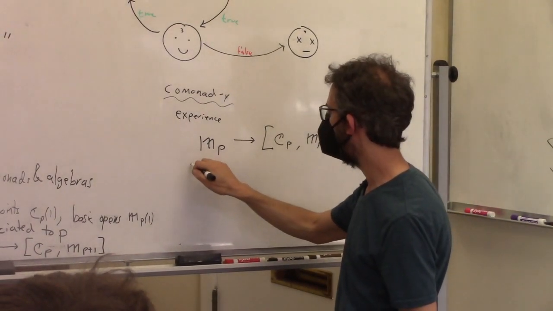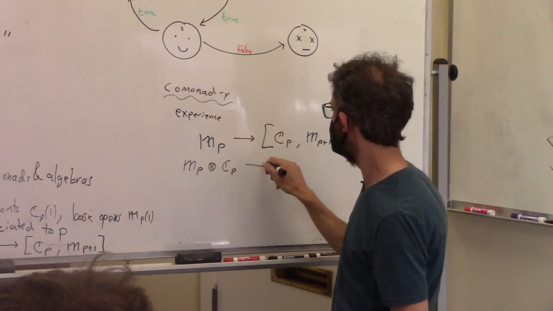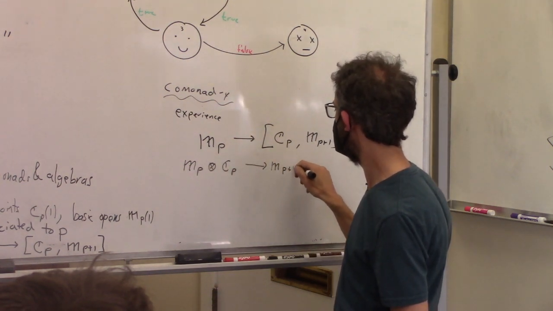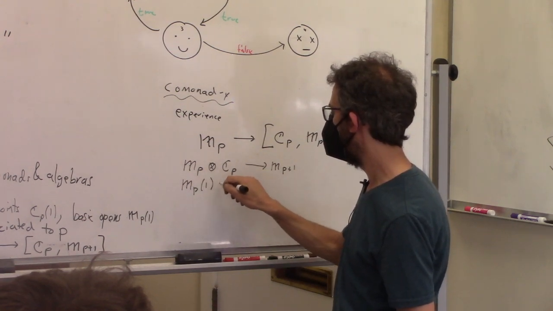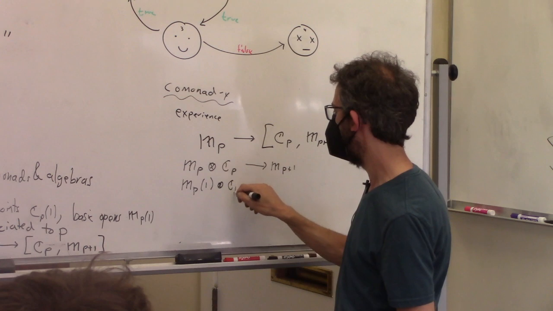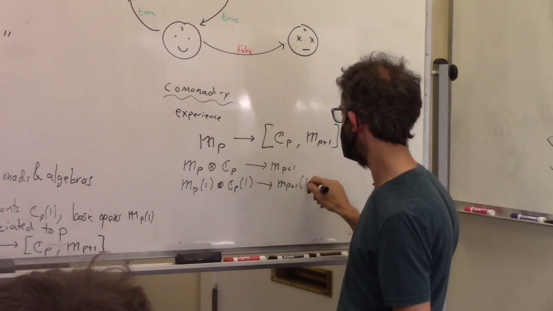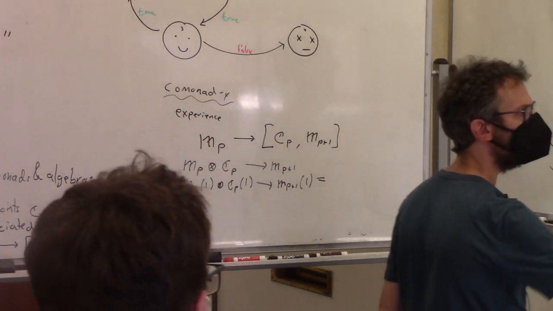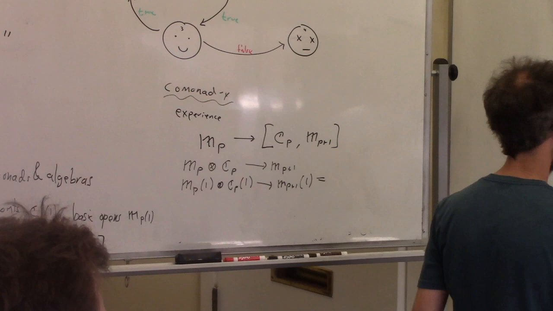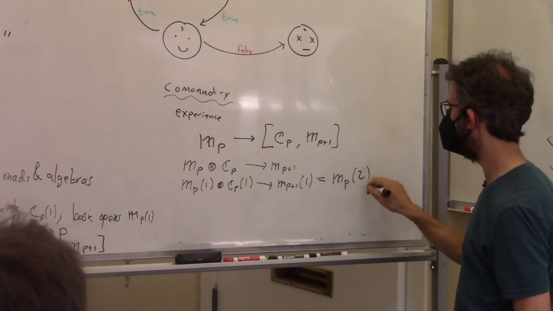Well, first I'm going to turn this into MP tensor CP to MP plus 1. Then I'm going to apply 1. But MP plus 1 of 1, over there, number 3, is M of P plus 2, M of P of 2.